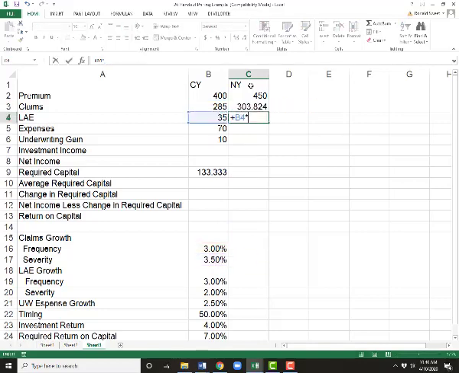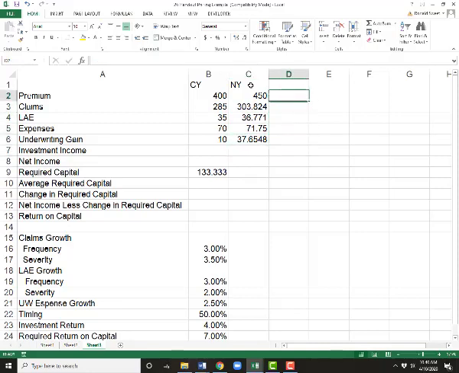Our LAE is going to be the same thing, 1 plus frequency times 1 plus severity. And expenses times 1 plus growth in expenses. And so I can copy this formula over. We'll just take 450 minus all of those, and that gives us our underwriting gain.